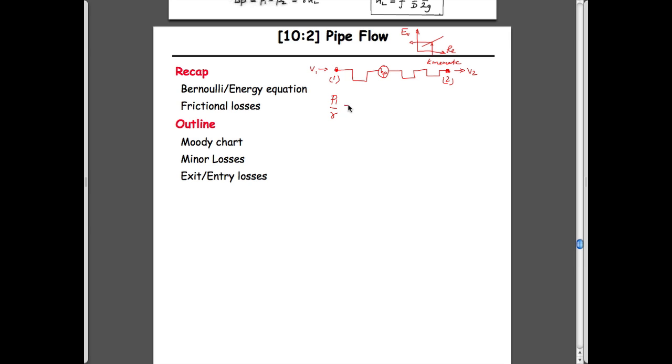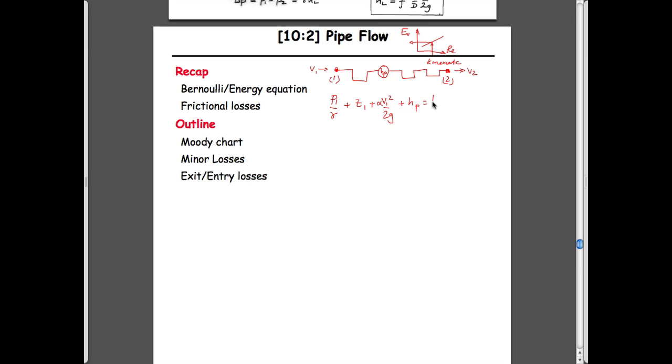then we can write Bernoulli's expression as elevation, pressure head, elevation head, velocity head. You remember we had this alpha number which would vary between 0 and 1. If we're writing it from upstream to downstream, we had a pump head that was in there.